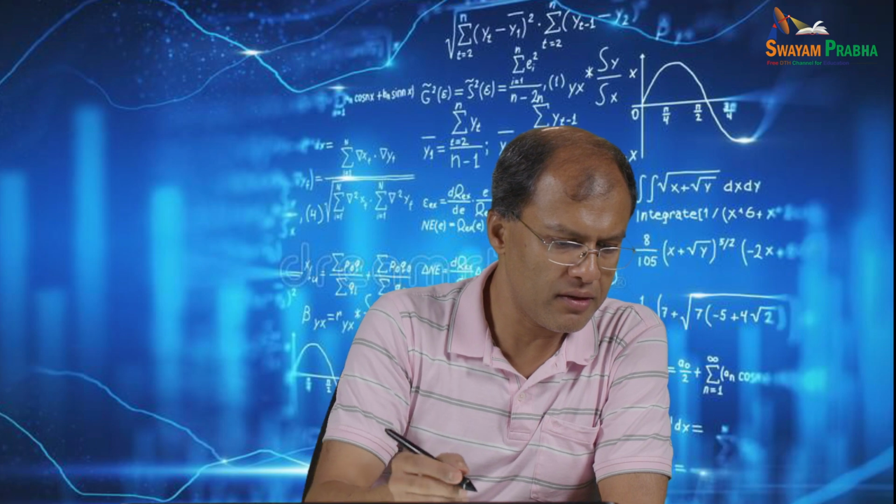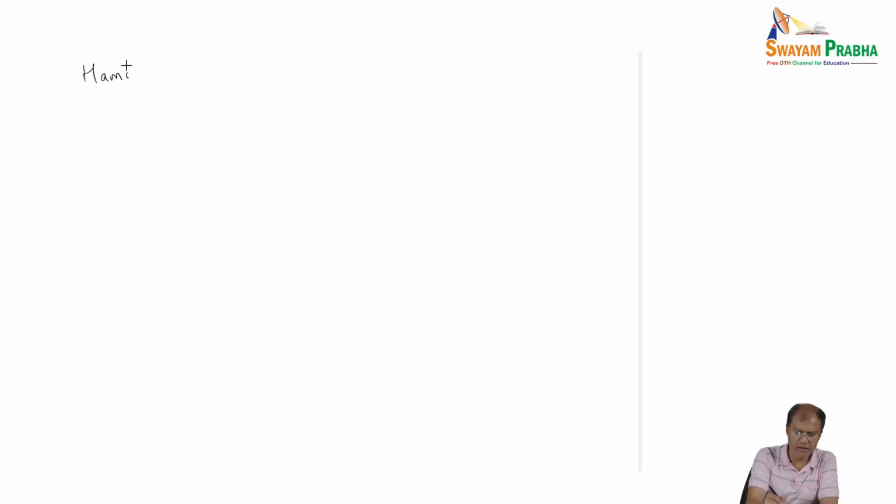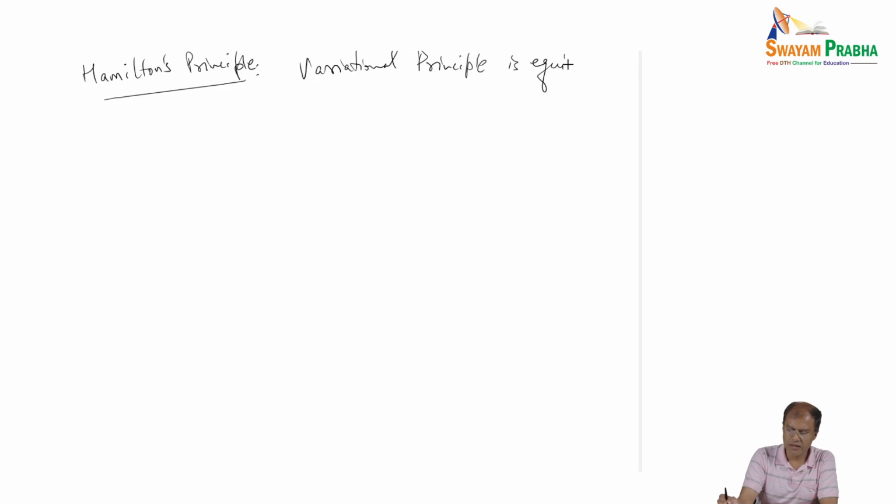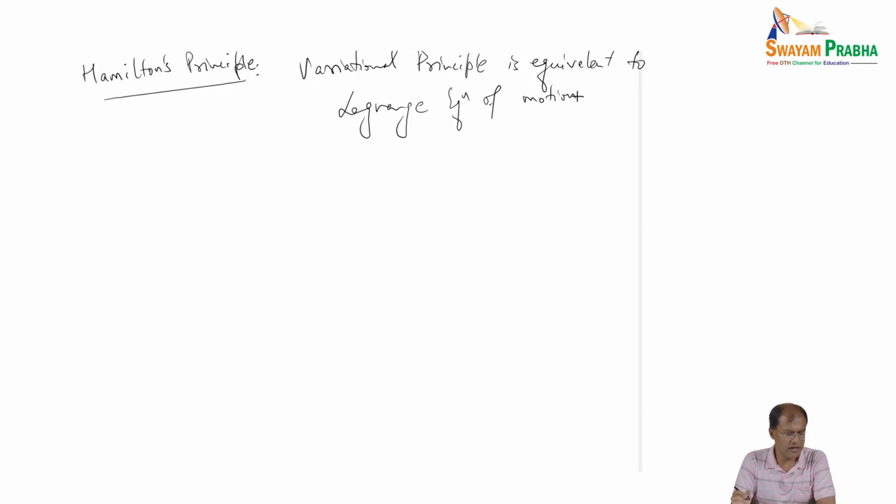So the Hamilton's principle in a very quick format mentions that the variational principle is equivalent to the Lagrange equation of motion. So that is my Hamilton's principle, and we can look for the variational. So the Hamilton's principle says that.